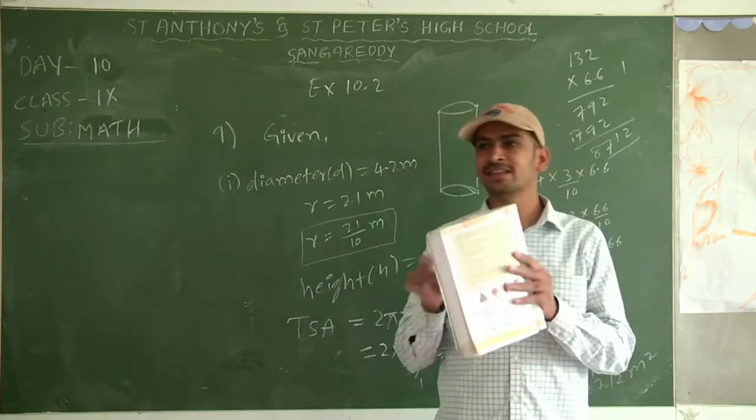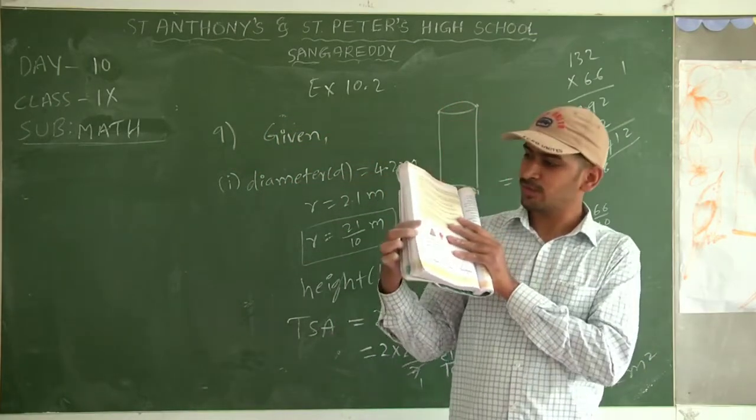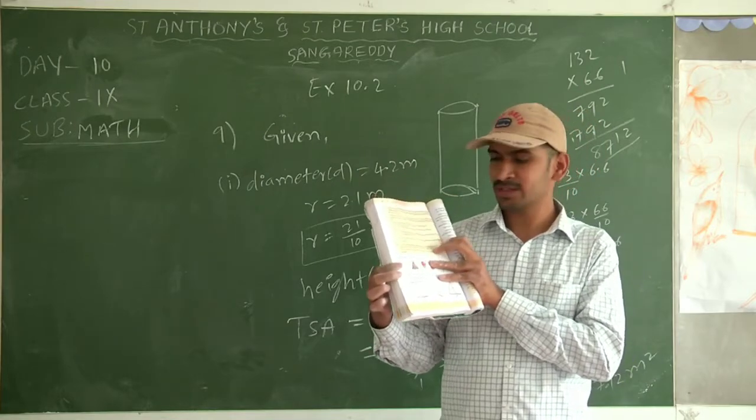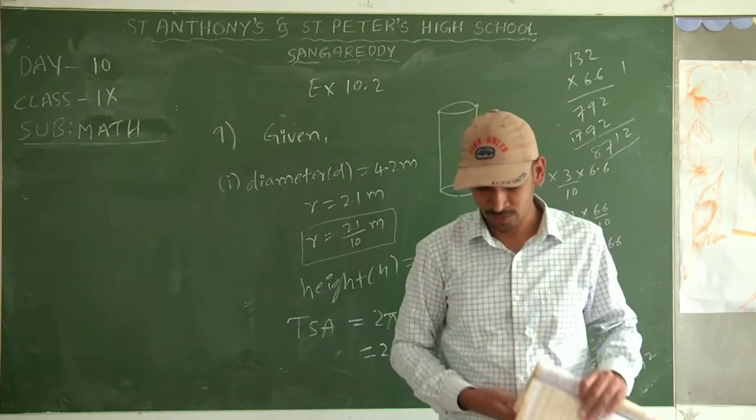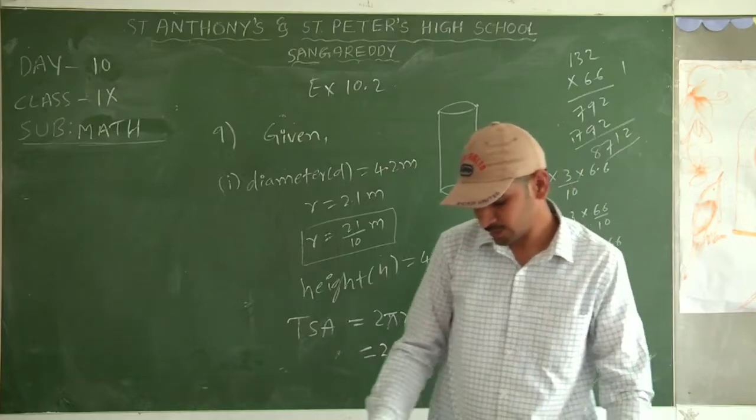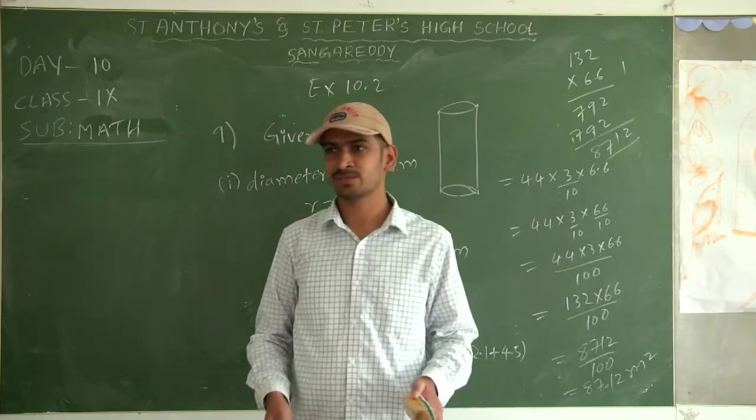In the second part, it is given that for manufacturing this cylinder, 1 by 12th part of steel was wasted. We don't know the total steel.